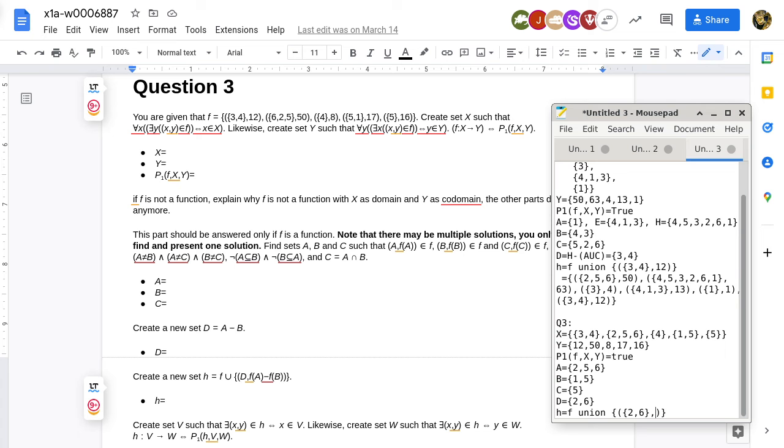And when we look at B, which is 1, 5, it has 17 next to it. So we are really looking for 50 minus 17, and that turns out to be 33. So there we go. Are we okay so far?